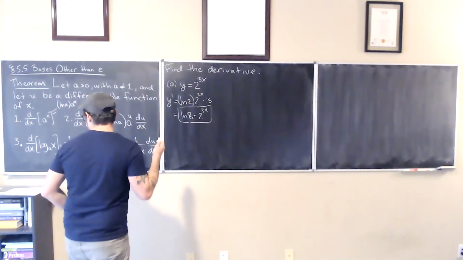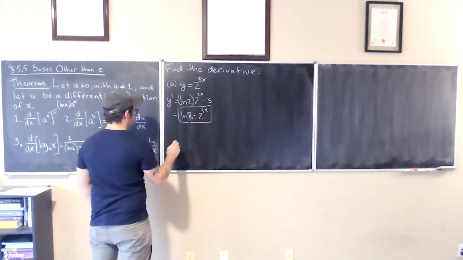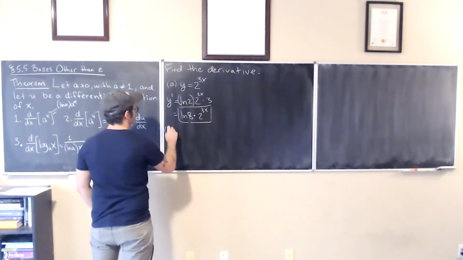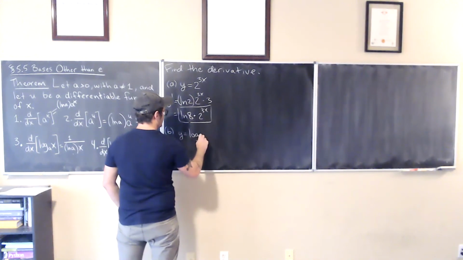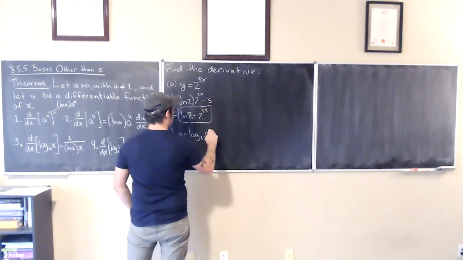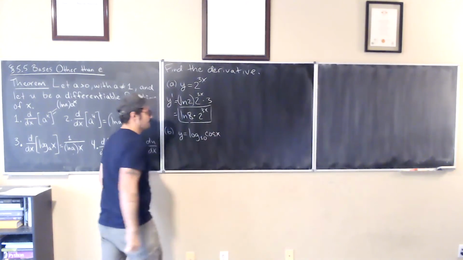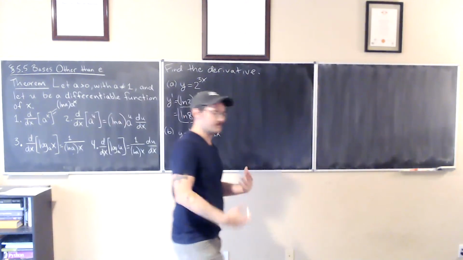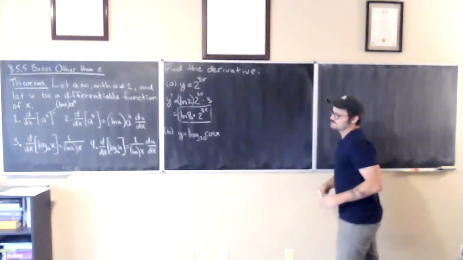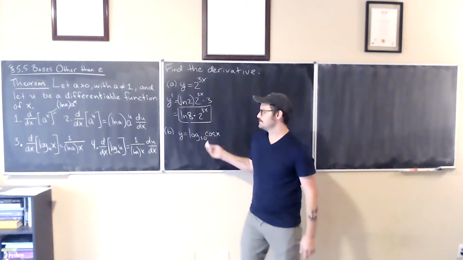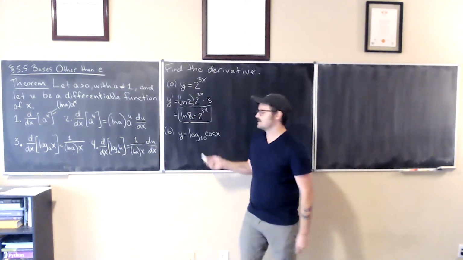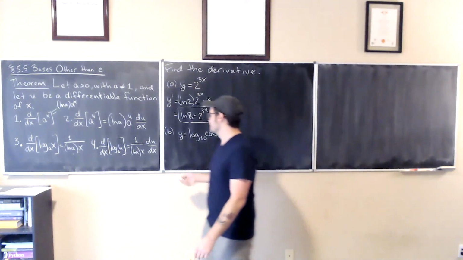Okay, what about b? y is equal to log base 10 of cosine of x. Looks a little bit more complicated, right? But again, this is your u, your base is 10, you just use the formula.